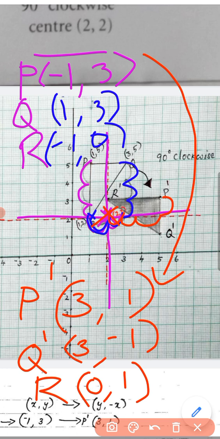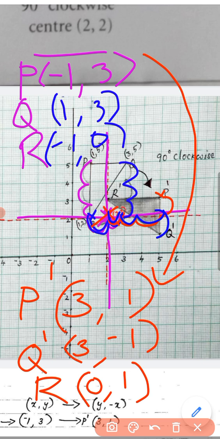So, this is P dash. Now, find Q dash. Q dash is 3, -1. Again 3 units right, and negative 1 means 1 unit down. So this is Q dash.